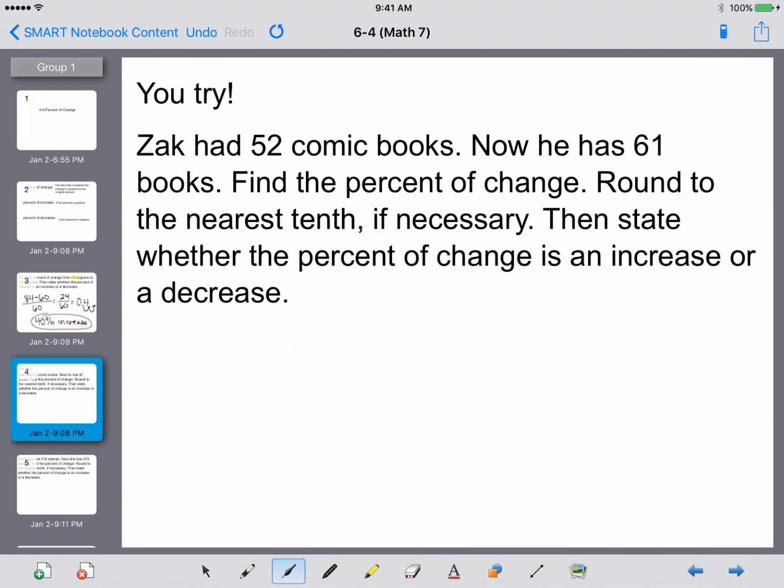Now you try. Pause and try this and then compare with what answers I got. So our original is 52, our new is 61.